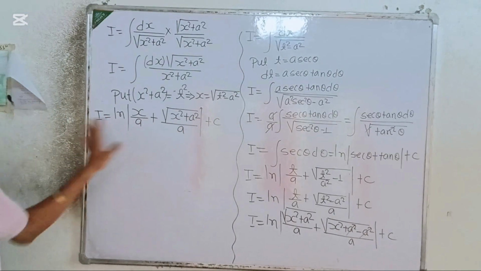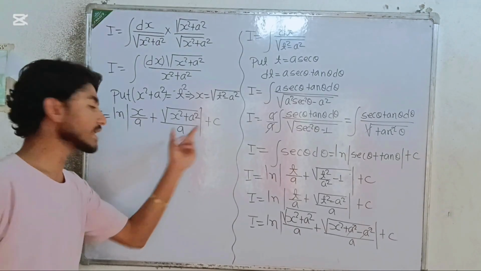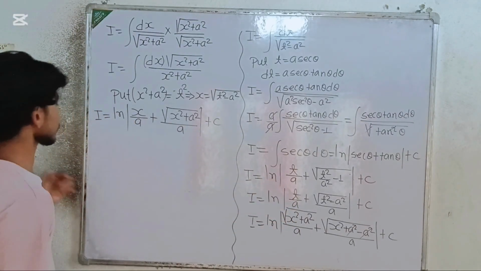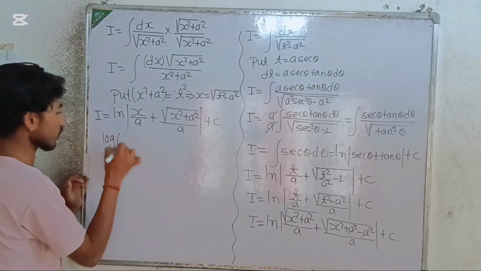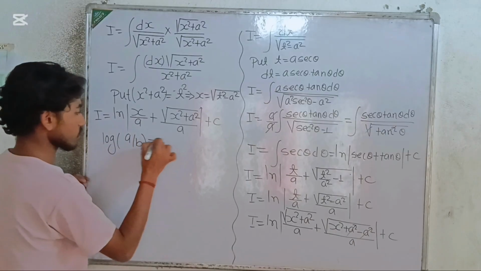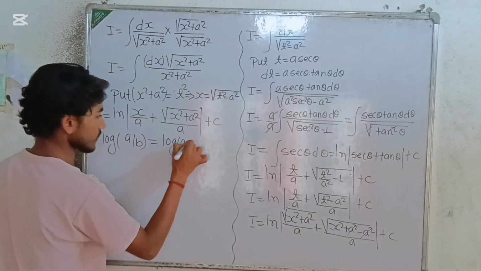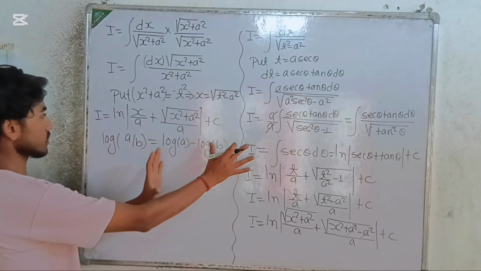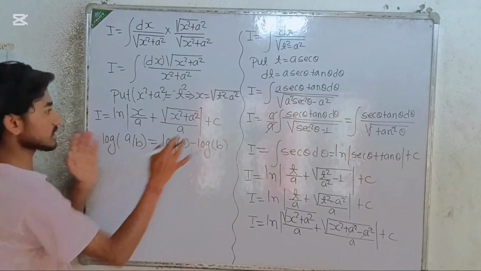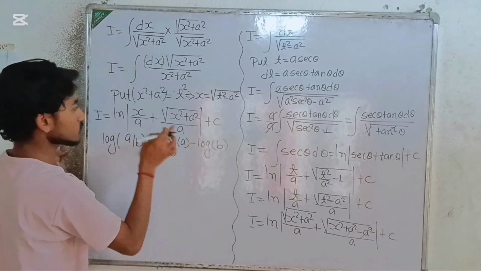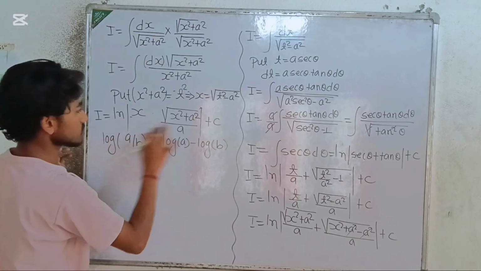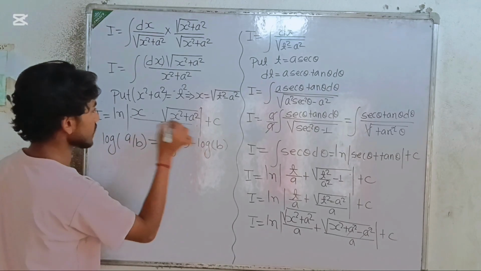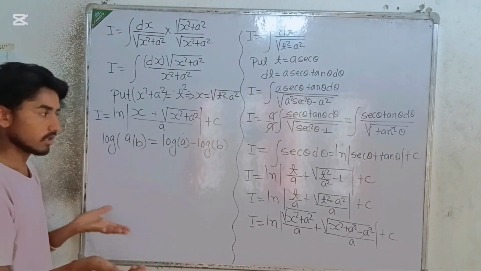Up to there, this is the final result, but we don't want a in our formula, so we have to use another property of logarithm, that log of a over b can be written as log of a minus log of b. So now we have to separate this. How are we going to separate this? The a's are common on each side, so we can just make it like simply a, right?